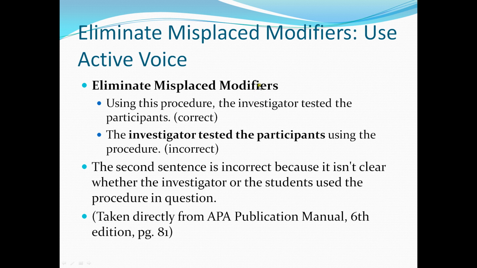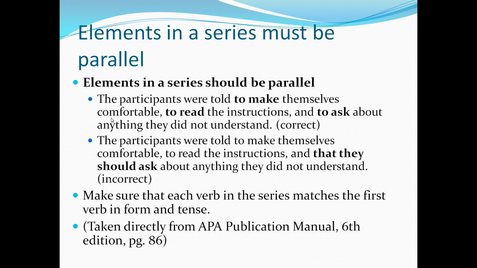Investigator is the subject, tested is the verb, and the object is the participants. Whereas in this sentence, which is incorrect, it says the investigator tested the participants using the procedure. So here it isn't clear whether the investigator or the participants used the procedure in question. Writing in the active voice helps to eliminate confusion.